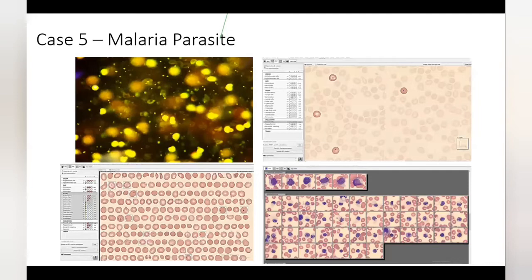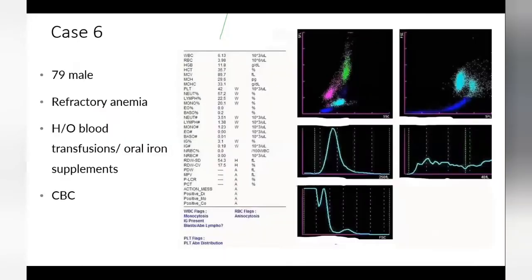So malaria parasite, again over here, you can see there are some gametocytes in the right bottom panel, and this is a case of Plasmodium vivax. And this is another case of refractory anemia with absolutely no clinical information, just a routine CBC was asked.